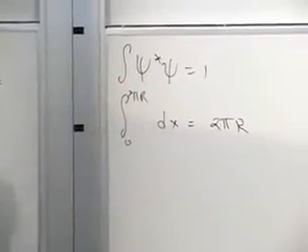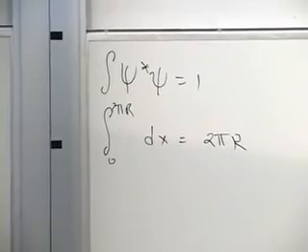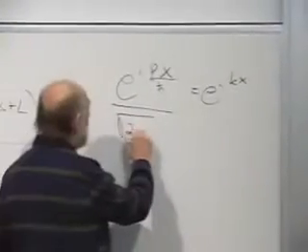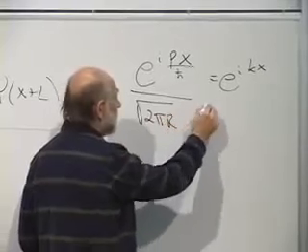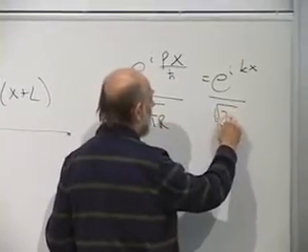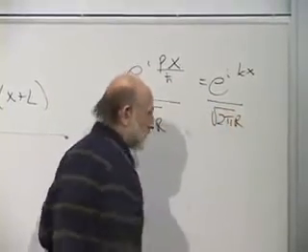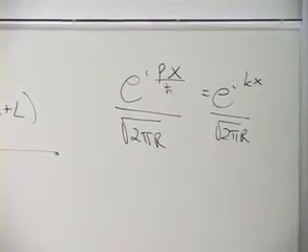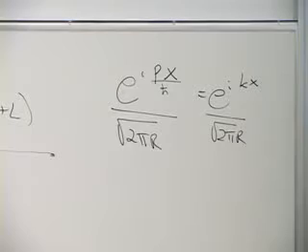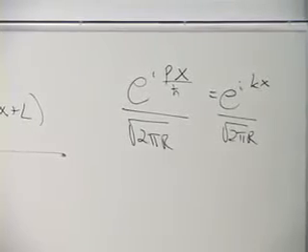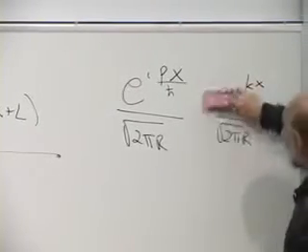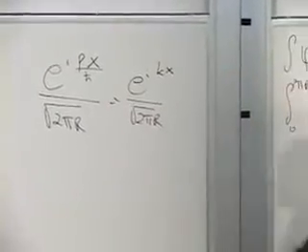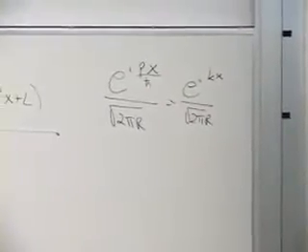So what I would do to fix it is I would divide the wave function here by the square root of 2 pi r. Then, when I did the integral of psi star psi, for each of these momentum eigenfunctions, they would be normalized so that the total probability would be equal to 1. Everybody understand why I put the square root there?